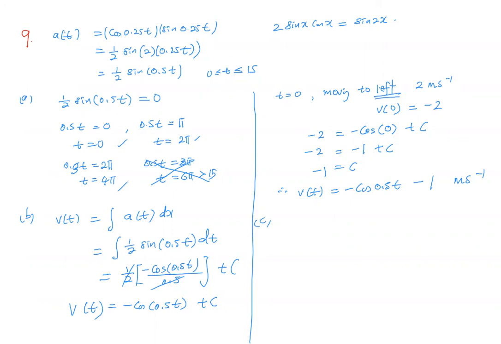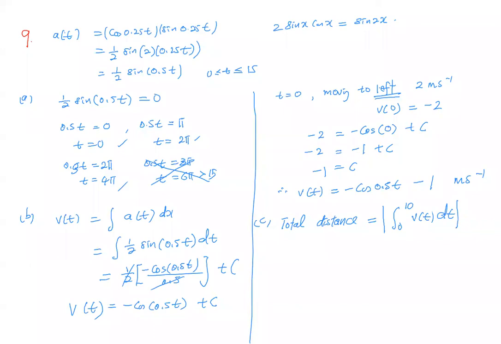Okay, so part C, if you look at the graph for velocity, the whole graph is below the x-axis, correct? Because it is negative within the 0 to 10 seconds. So if you want to find the total distance traveled, you don't have to draw the sign diagram. Total distance traveled will be equal to the integral of the modulus of v(t) dt from 0 to 10.